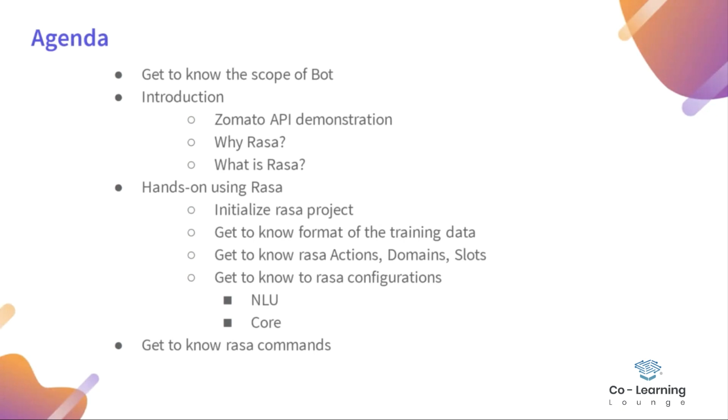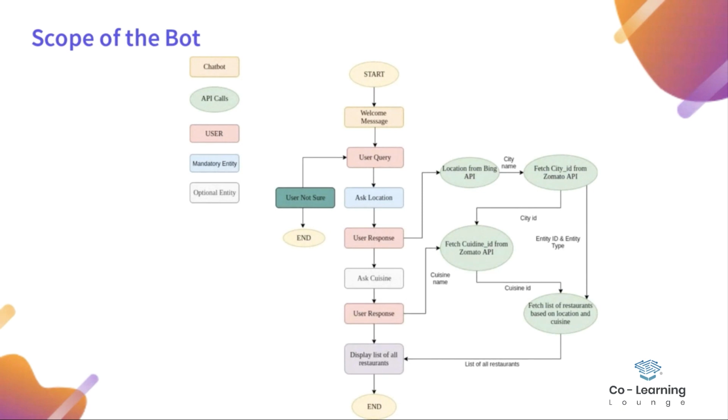So that's it. Now we'll go to the scope of the bot. The scope of the bot for now is very simple, till we get to the point where we are exploring Rasa. Now we just want to think from the user's perspective.